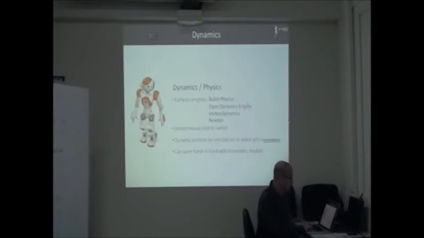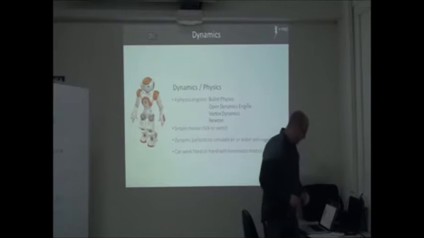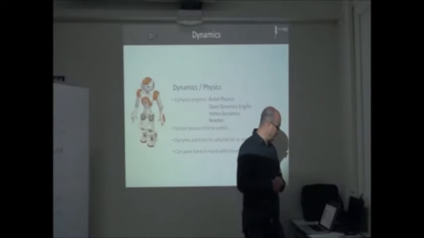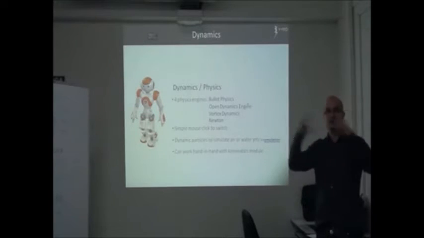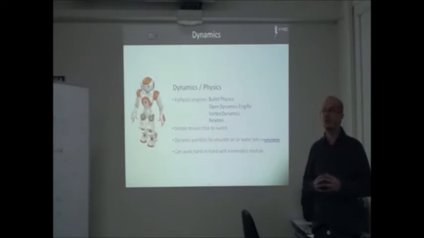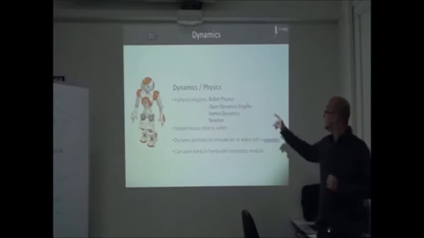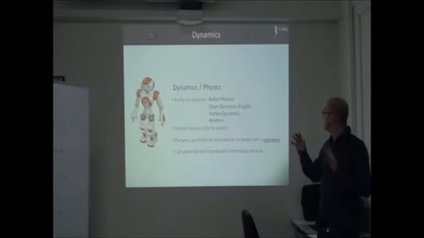So, another module is the dynamics and physics calculation module. If you want to have a dynamic simulation, you need to use this module. We have four different physics engines inside. Bullet and Open Dynamics Engine are game-like engines, not very precise.